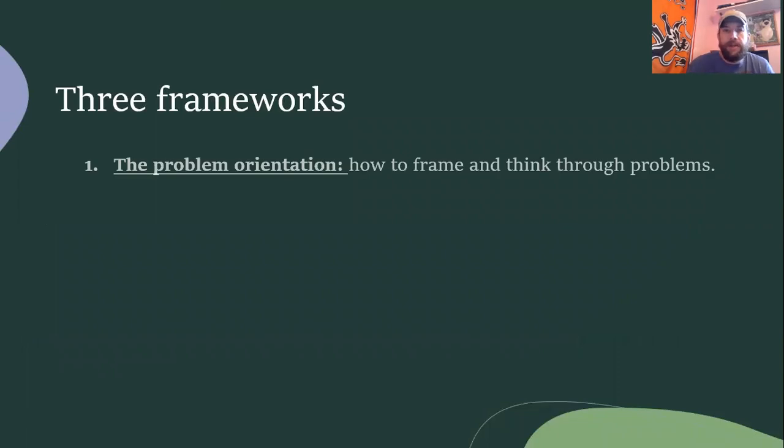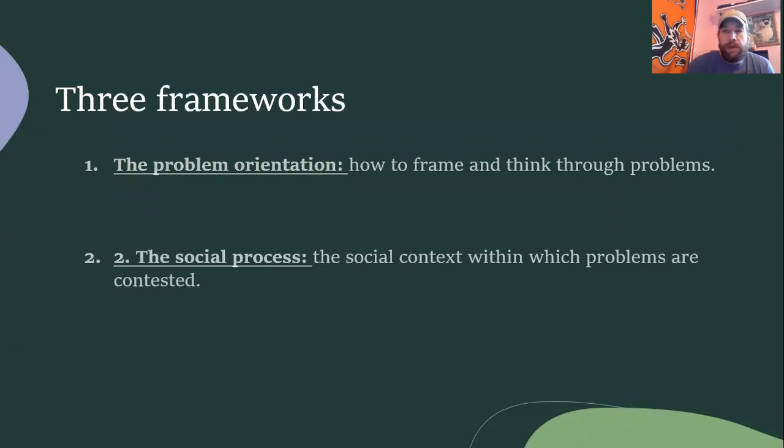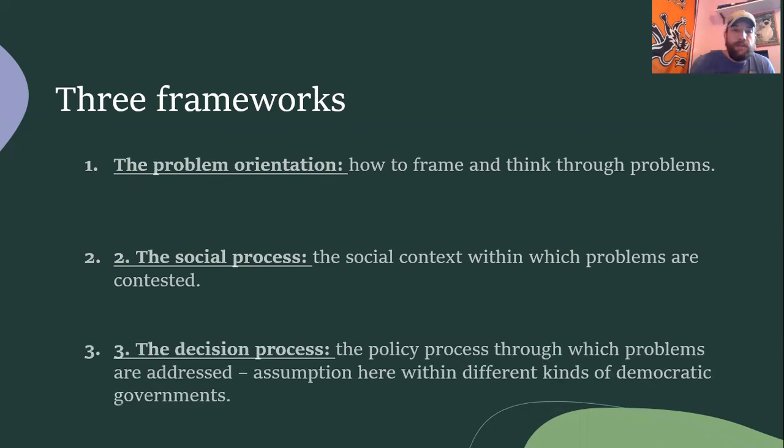So here are these three frameworks, let's call them. Again, this is like a theory. One, the problem orientation. How do you frame and think through problems? Two, the social process. That is the social context within which problems are contested. And then three, the decision process, the policy process through which problems are addressed.